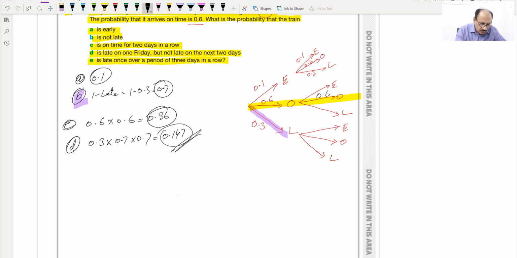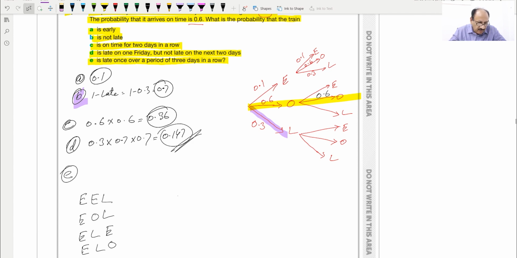So what we can do, this is part E, we can take early, so late once, so we can take early and late, and then we can take early, on time, and late, early, late, and early, and then we can take early, late, and on time.